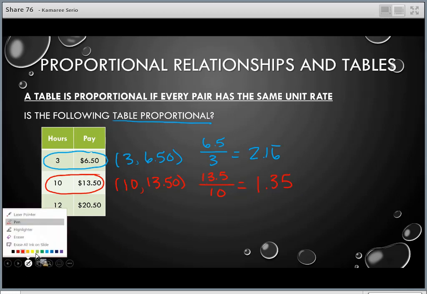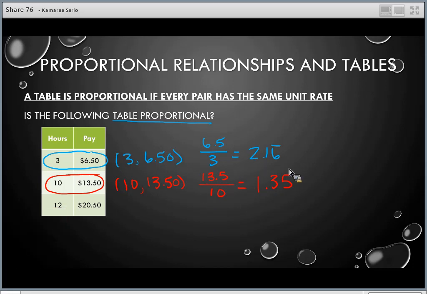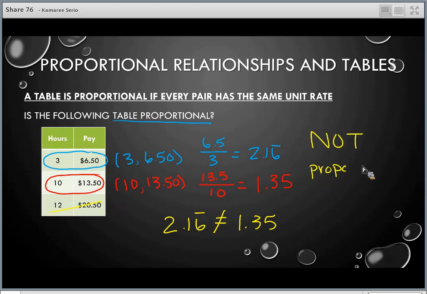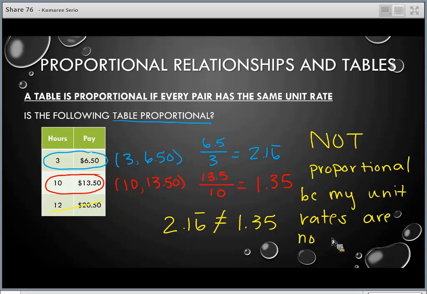So since when I'm solving my rates here, these two already do not equal each other, right? 2.16 repeating is not equal to 1.35, so I don't even have to check this last one because I already know that this table is not proportional, because my unit rates are not the same.